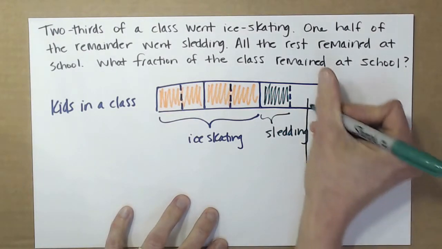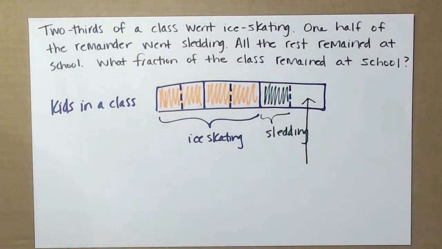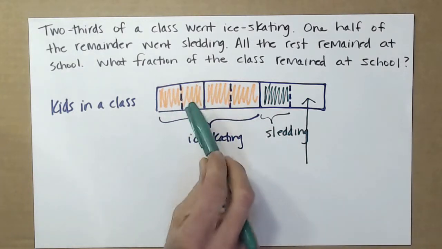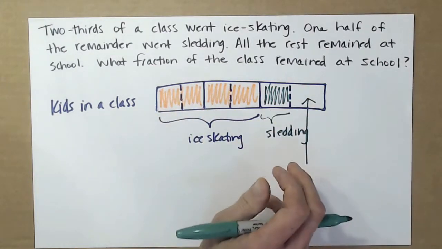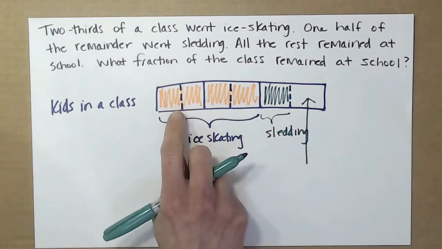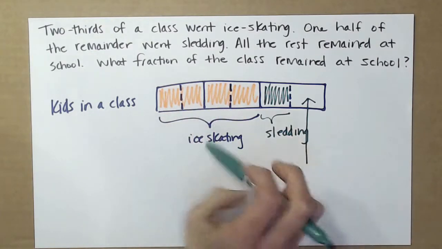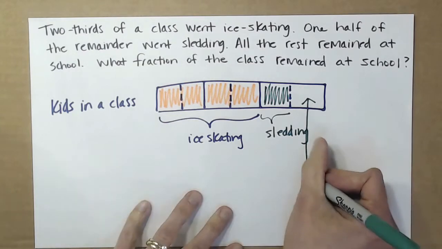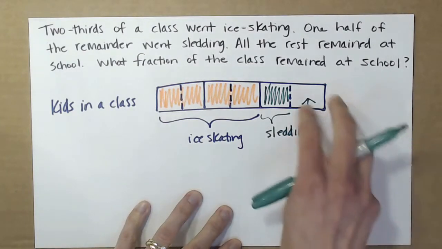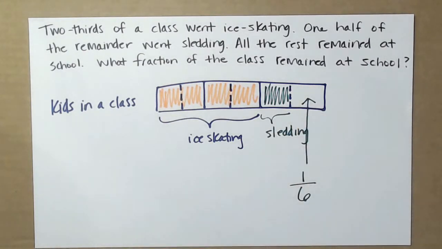So we want to know this part here that remained at school, what fraction is that of the whole class? Well, now we can see that we started with 3 parts, 1, 2, 3, but then we broke them up. Each of the 3 parts we broke into 2, so now we have 1, 2, 3, 4, 5, 6 parts, and we see that 1/6, this last part, remained at school.